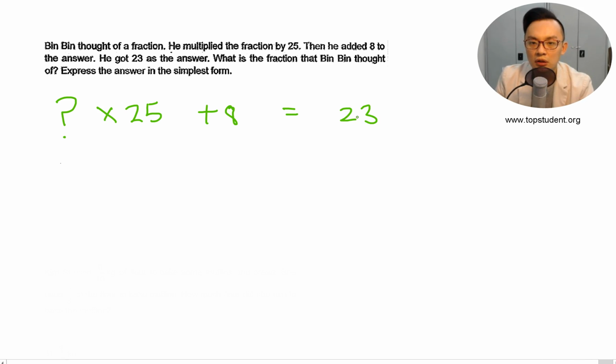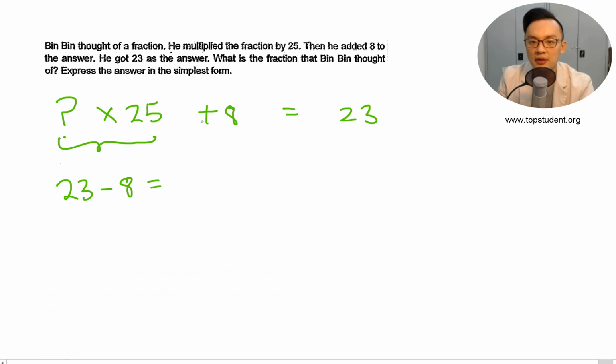All right. So to get this question mark, you need to do the reverse of what he did. When I get 23, if I want to get this part, I need to take 23 minus 8, right?